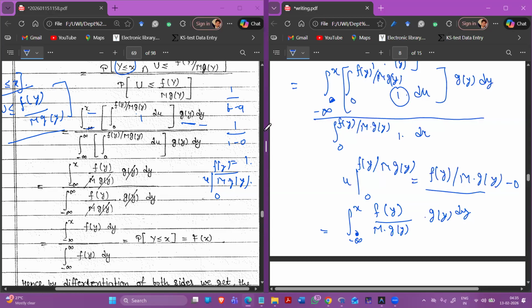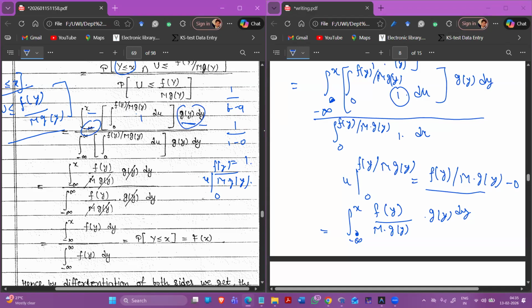So for the safer side, what should be the generalized limit for any distribution in statistics? If you don't know the distribution, the general limit is minus infinity to infinity, because a distribution cannot be defined on the complex plane, right? That's why we are taking minus infinity here, because we don't know exactly what our gY distribution is.